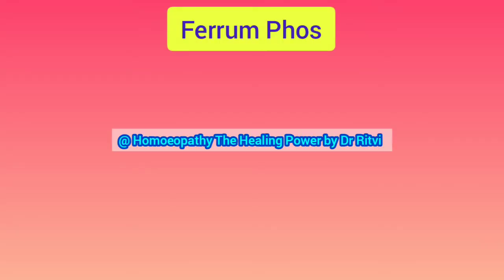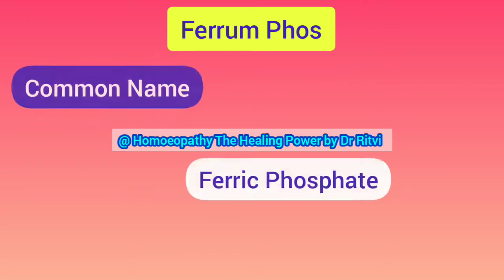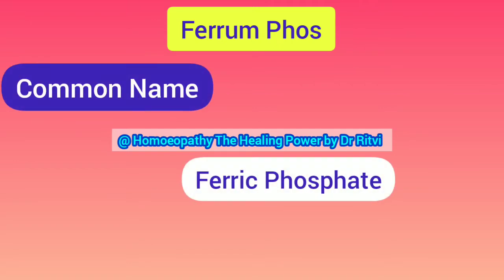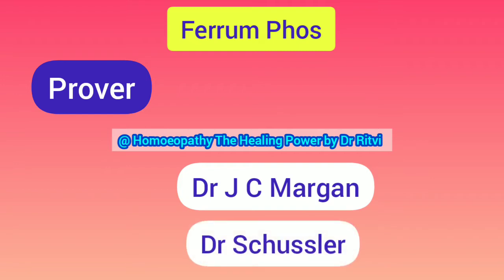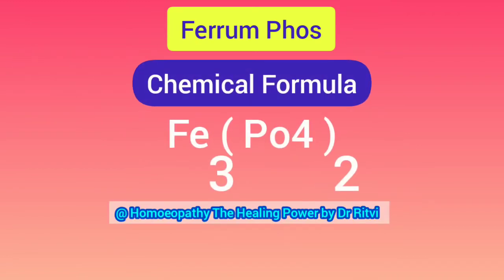Ferrum Phos. Common name of this medicine is ferric phosphate. It was proved in homeopathy by Dr. J.C. Morgan, and it was also proved by Dr. Schussler in his 12 tissue remedies. Chemical formula: Fe3(PO4)2.